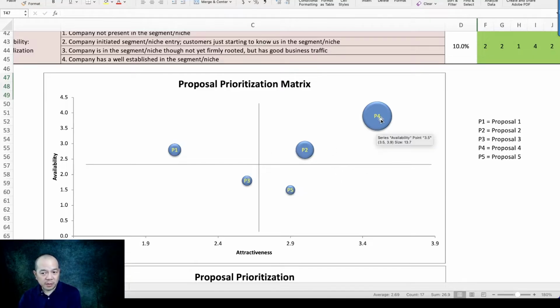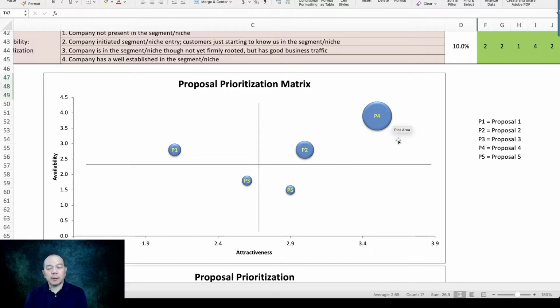I can certainly explain 4 and 2 being the ones that are in the top right quadrant. These are the ones that we want to go after. We want to invest our time and our effort in addressing this RFP and committing to it. We think there's a good chance that we will also win in terms of its availability to us.